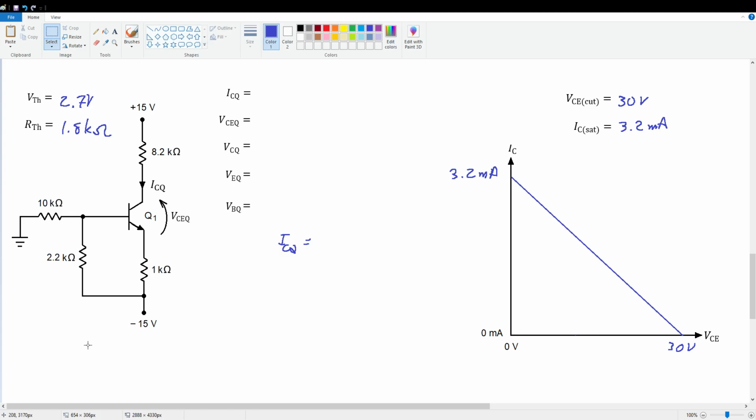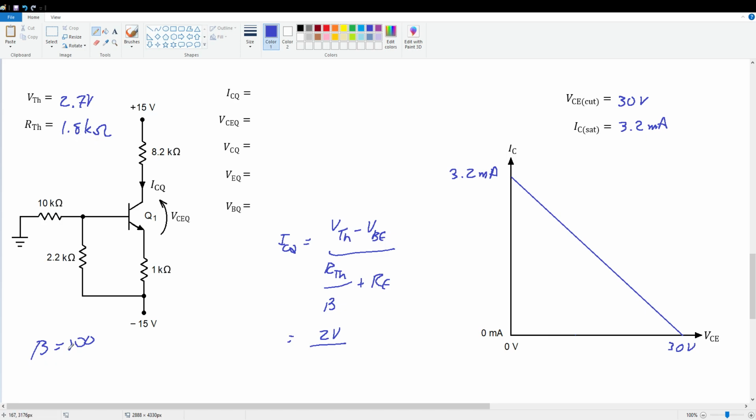All right, ICQ, remember, is VTH minus VBE divided by RTH over beta plus RE. VTH 2.7 minus 0.7 is 2 volts. RTH is 1800 divided by, we'll assume our beta equals 100 again.